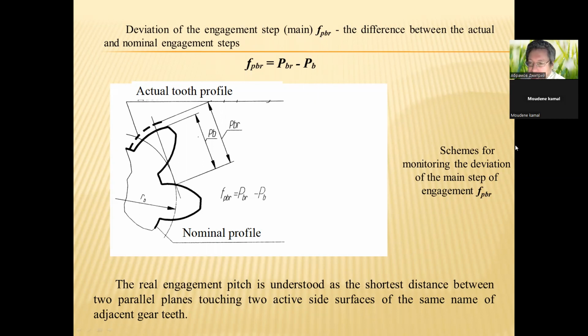It's schemes for monitoring the deviation of the main step of engagement. You can see in this figure.